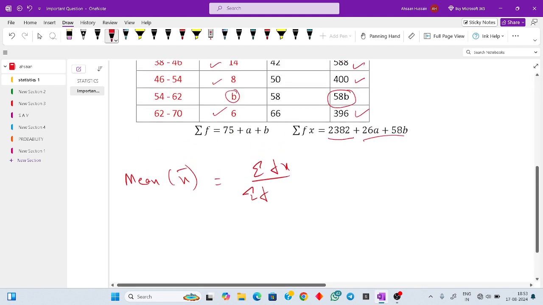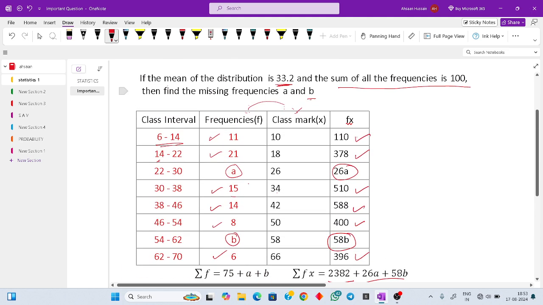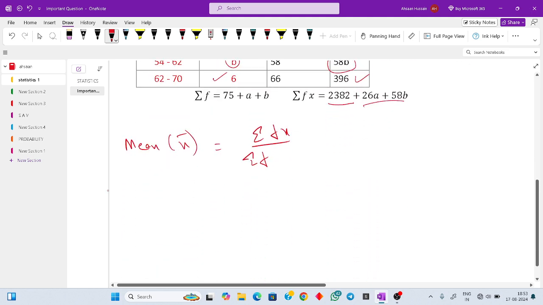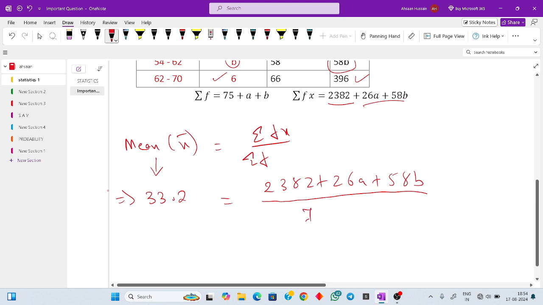Okay, wait. See, the mean was given. The mean is 33.2. So in place of mean, we'll put 33.2. And summation fx is 2382 plus 26a plus 58b by summation f is 75 plus a plus b.